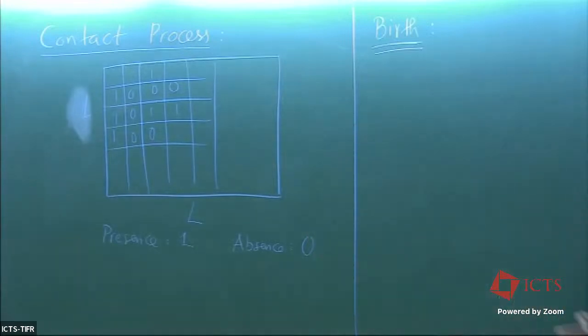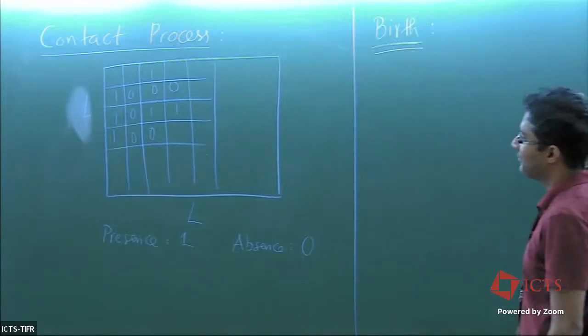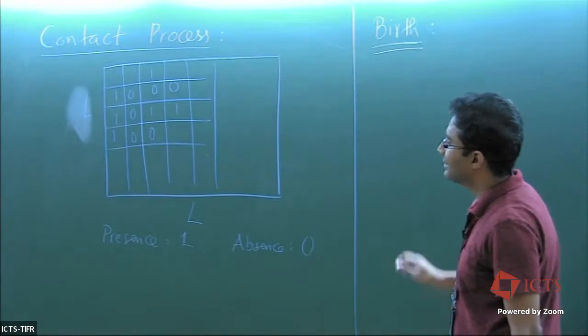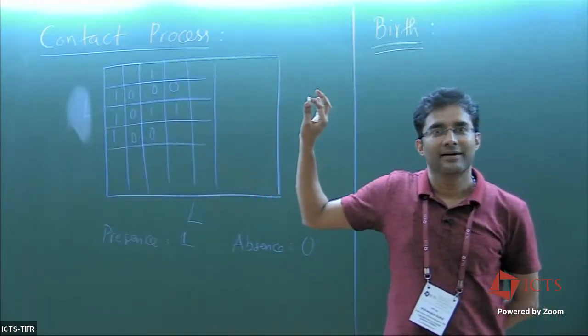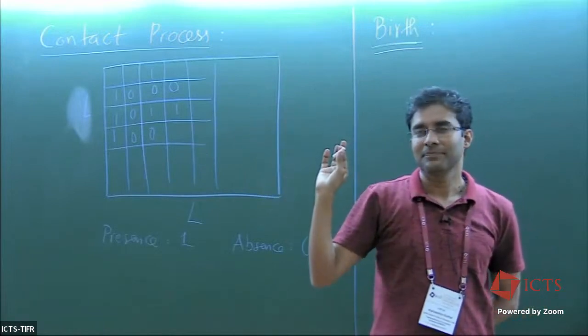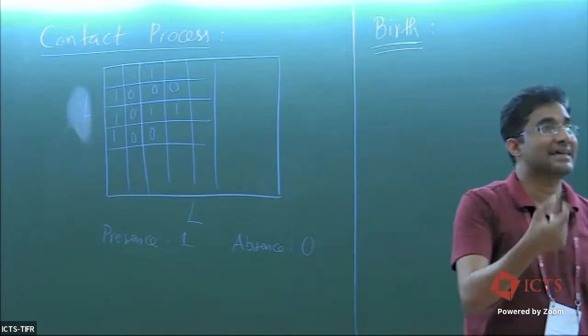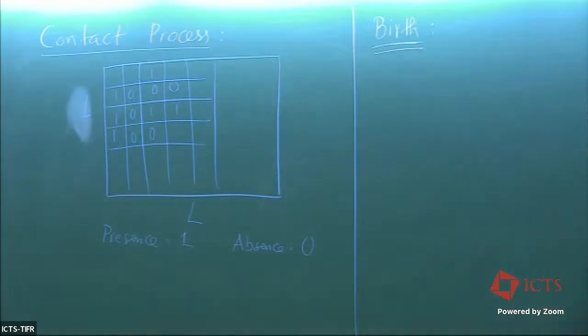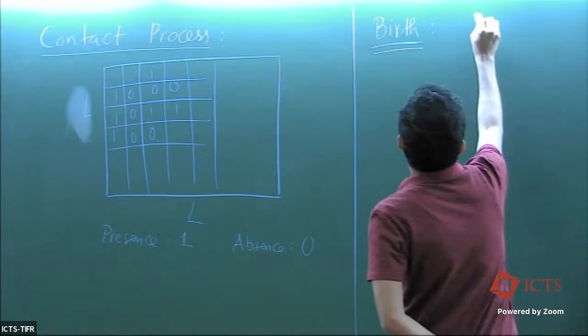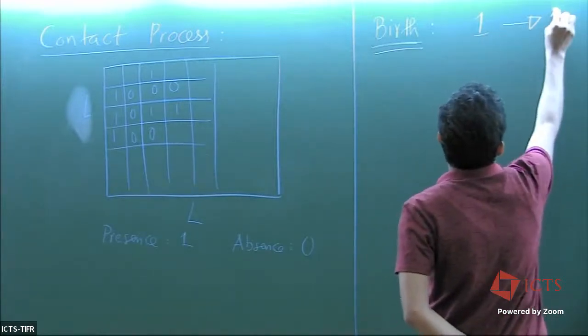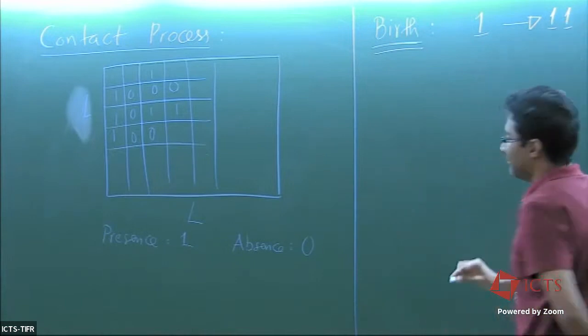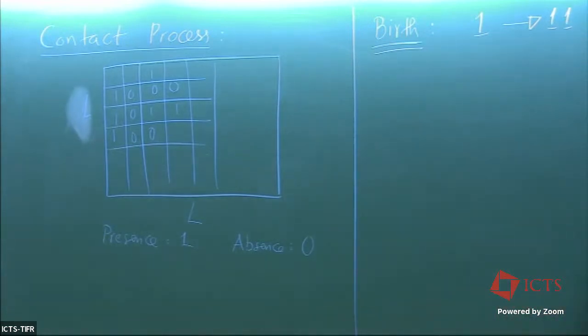That's an important assumption in this model. Of course, it makes perfect sense. So the idea is that we randomly choose a site in this landscape, and if the randomly chosen site is occupied, if it has a value 1, it can give rise to a birth in one of the neighboring cells.